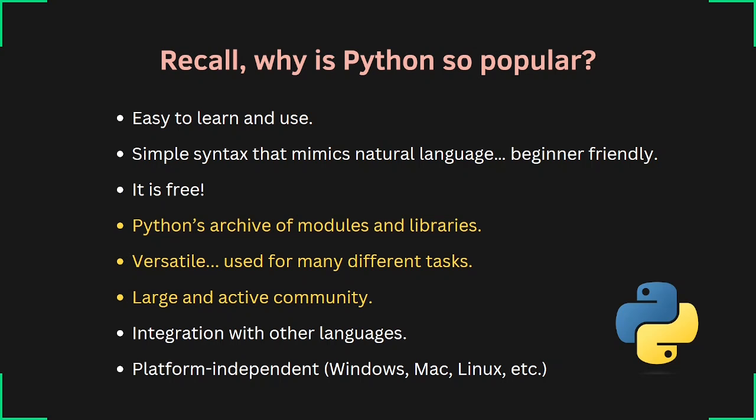The core Python language itself is not that big, but we say that Python is versatile because it can be used for many different tasks, and that's why it is a general purpose programming language. That versatility comes mainly due to the availability of a wide range of libraries or modules that can be used to extend the basic features of that core programming language itself.